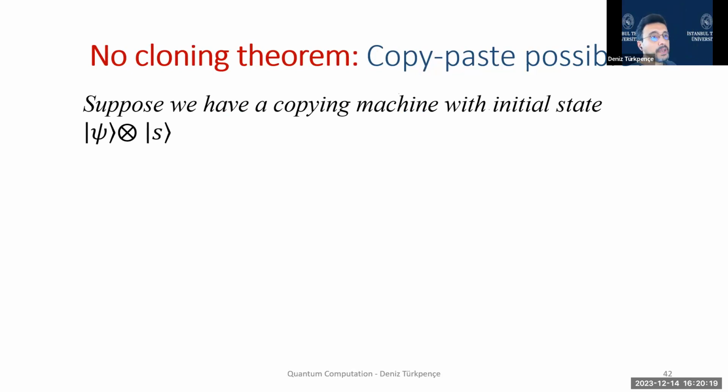Suppose we have a copying machine with initial state psi s, and assume that I have a unitary operation acting on both of the qubits, and at the end of this unitary operation, my initial state psi is copied on this S state. Okay, so this is a copying. Is that possible or not in quantum information theory? So this is my question.